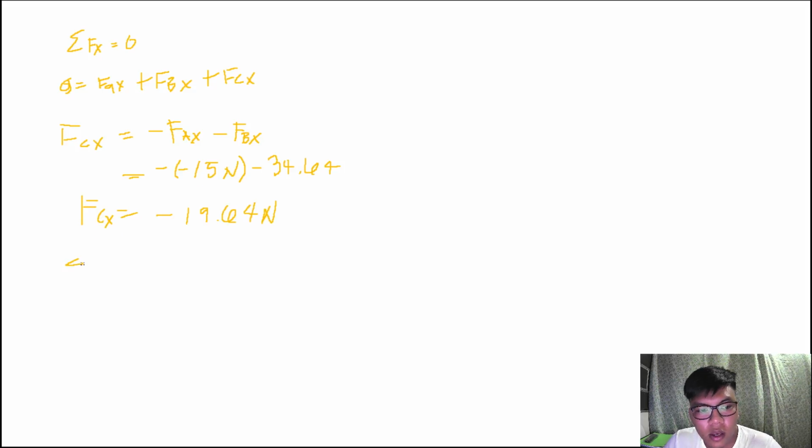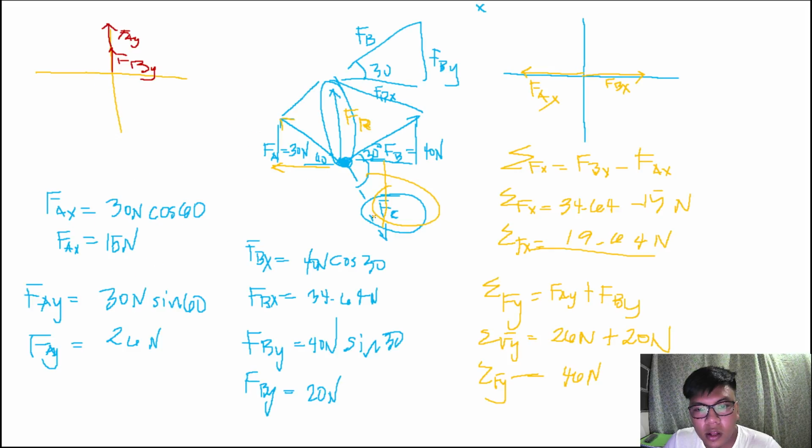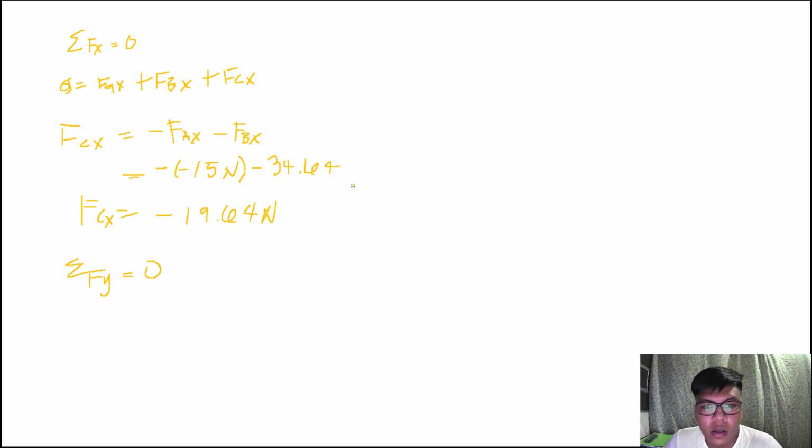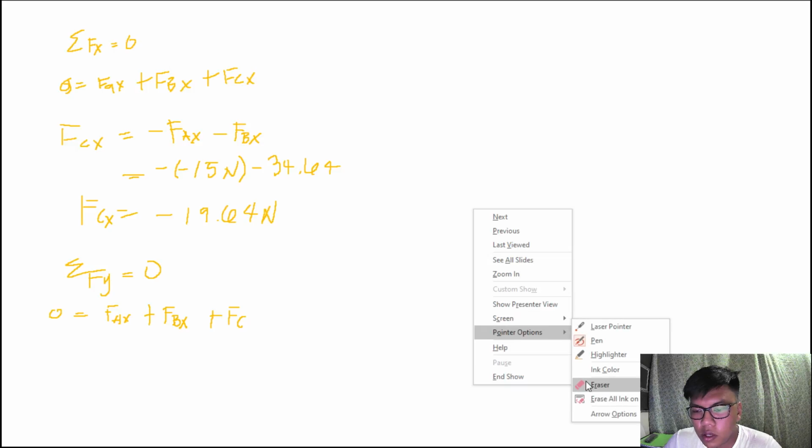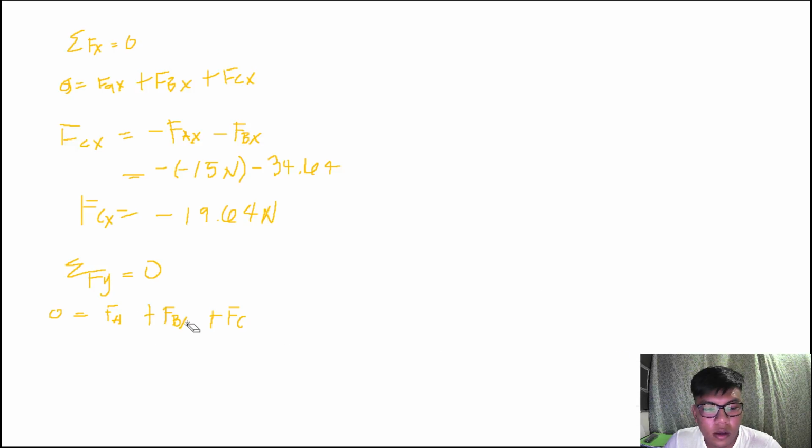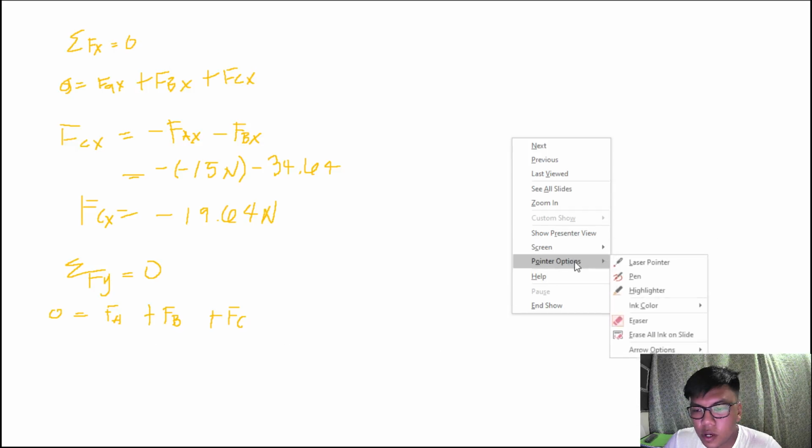So we have now summation of forces along Y is equal to 0. Ngayon, ang gagawin natin, sama pa rin natin yung F sub C. So we have 0 is equal to F sub AX plus F sub BX plus F sub CX. Sorry. So we're talking about X component na. So puro Y na yan, ano?